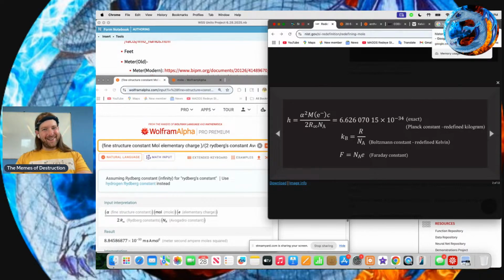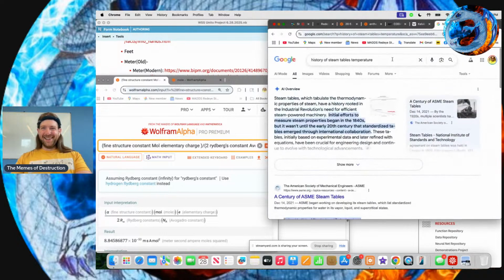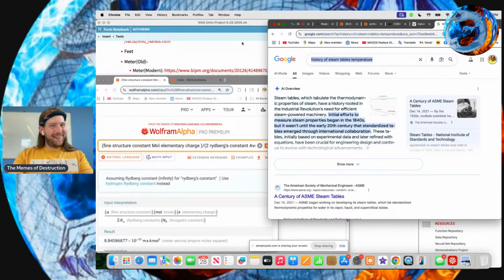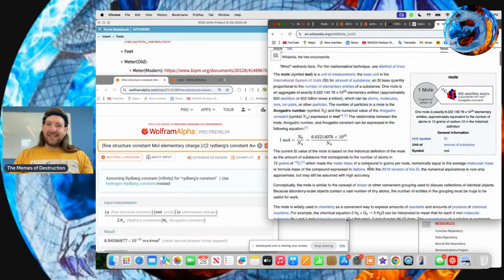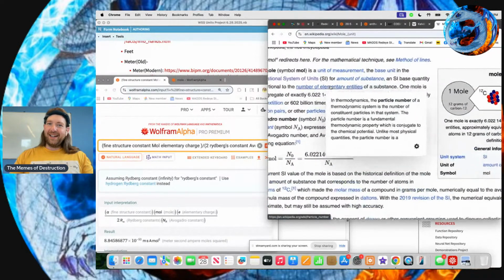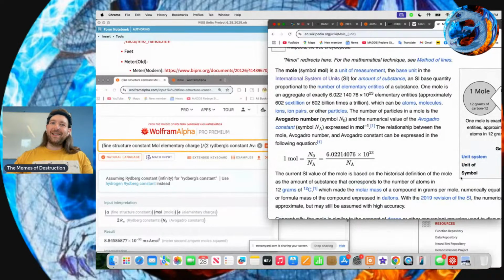Okay, Wikipedia. Help. Help, you're my only hope. Units, mole. All right. The mole is the base unit of measure in the international system. Yeah, so that base quantity is the number of elementary entities of a substance. One mole is an aggregate of exactly 6.02 times 10 to the 23, which is basically 3 orders of magnitude of Avogadro's number. Which, I mean, isn't that how it's defined? Yeah, it's Avogadro's number.